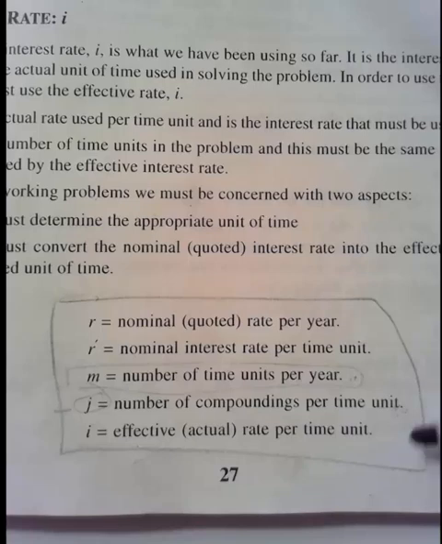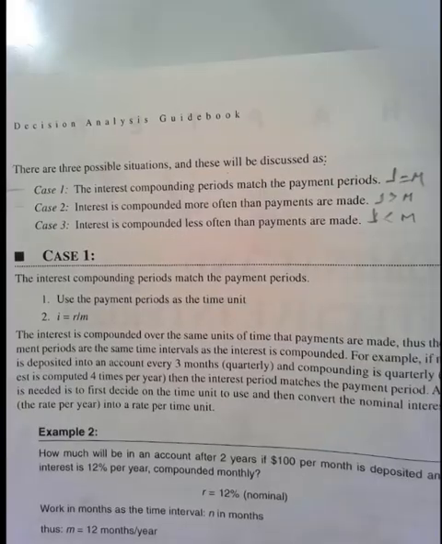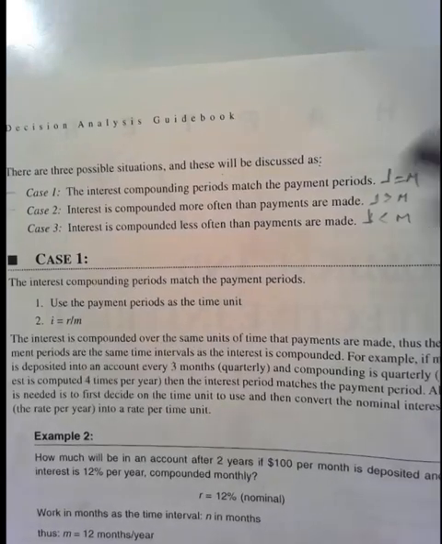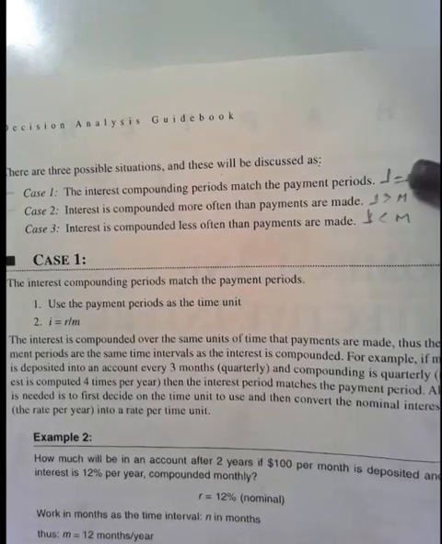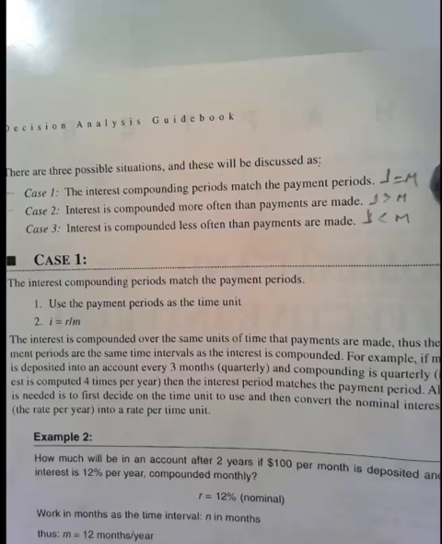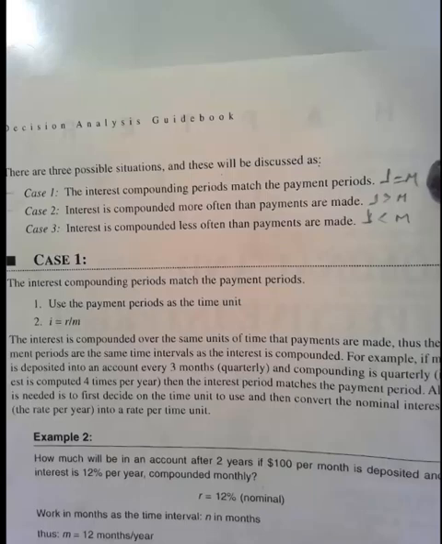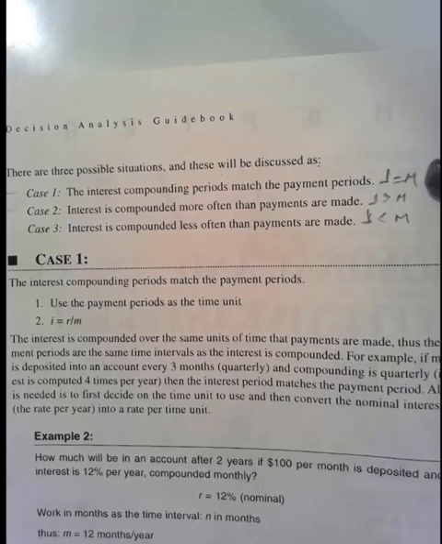To do so, we're going to deal with three cases. These three cases are enumerated on page 28 at the top. Case 1, when J is equal to M, meaning when the frequency of interest compounding, J, is equal to the frequency of the cash flows, M.